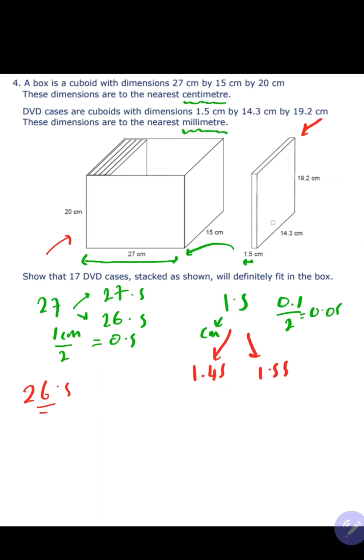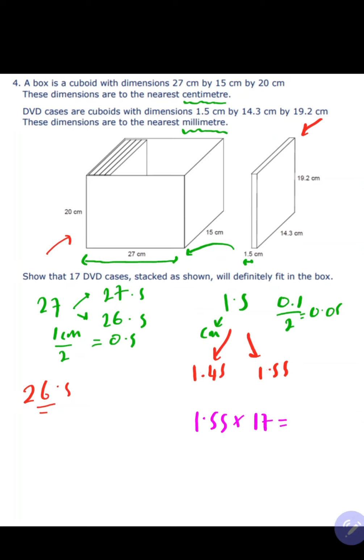So let's take the largest possible width, which is 1.55. That's essentially the fattest they can ever be. They can't be any bigger than that. So you're taking 1.55 and you're going to multiply that by, how many have we got? 17. So we've got 17 discs.